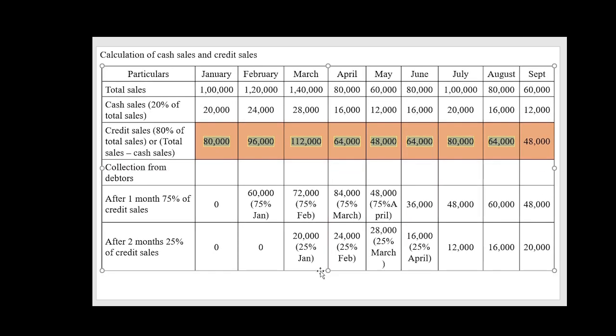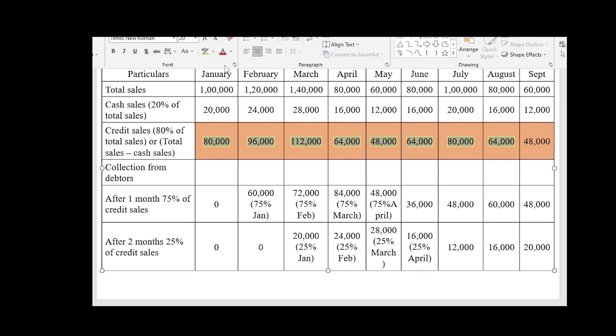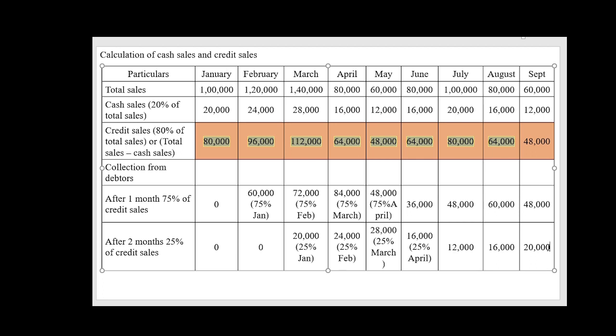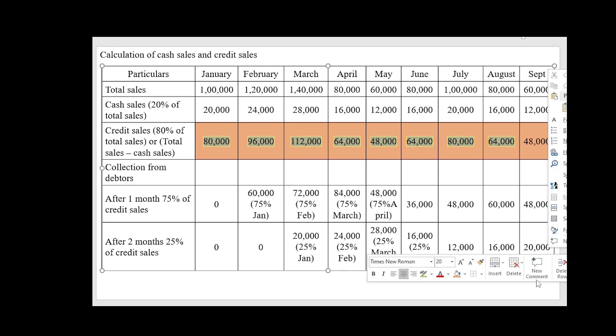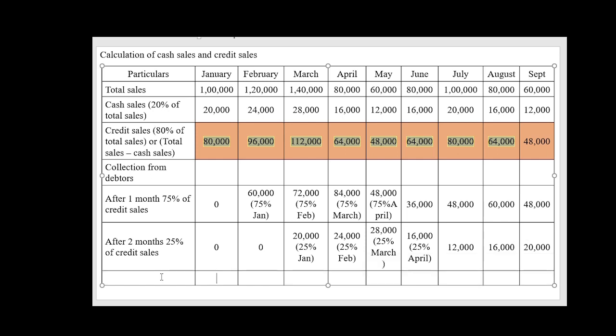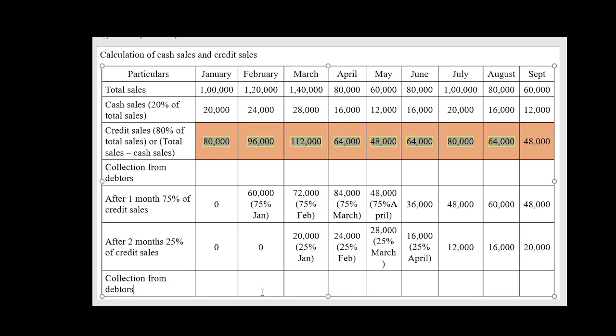So in total, how much will be the collection from debtors? Let me add one more column over here. Let us quickly look into the collection from debtors.